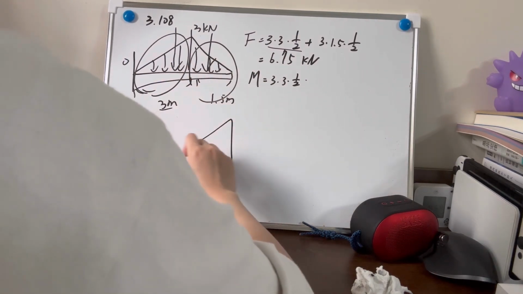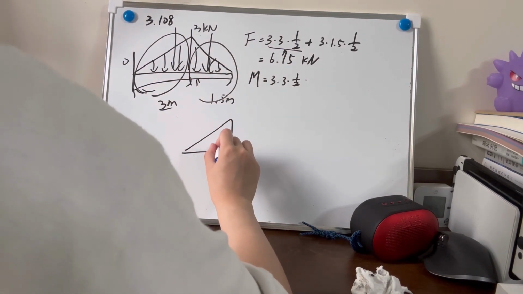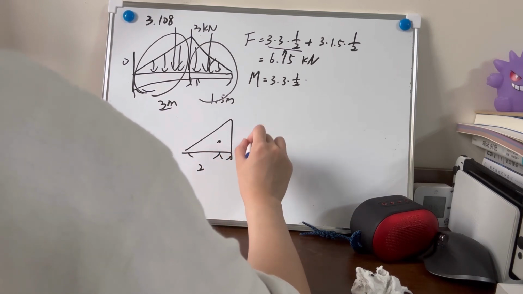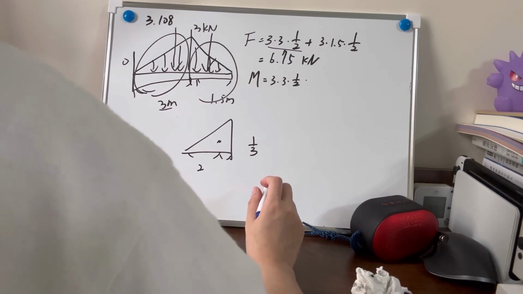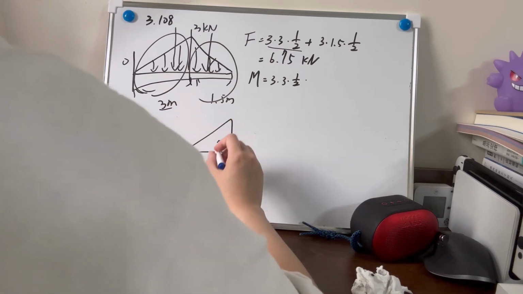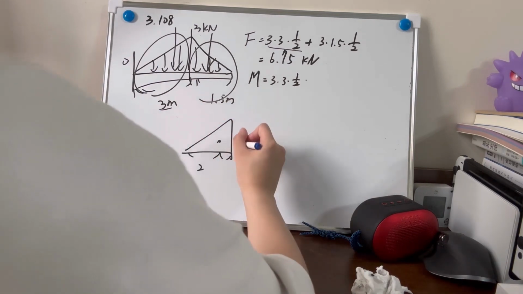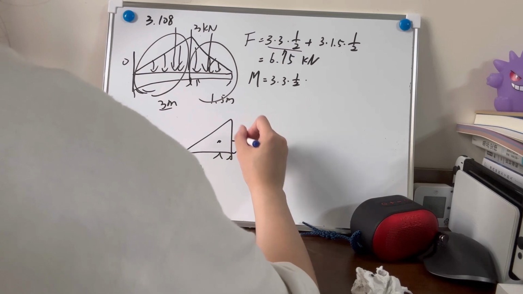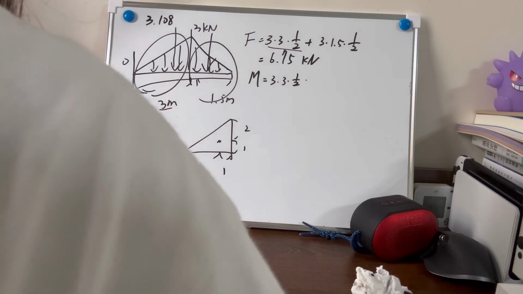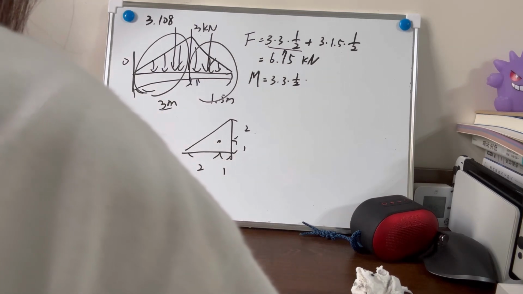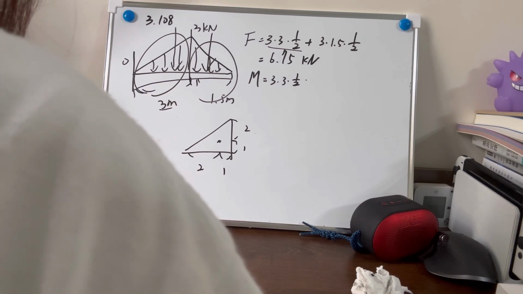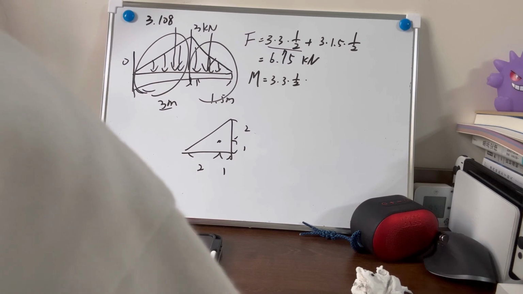And we know the triangle's centroid is at one-third.